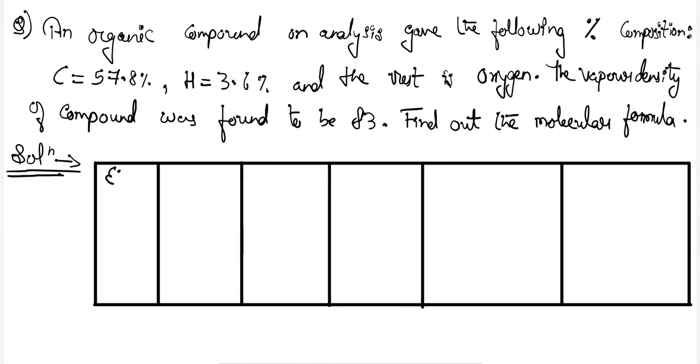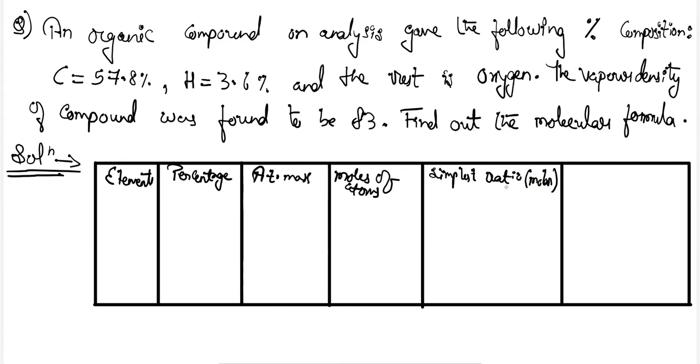For elements, first is for elements, second is for percentage, third is for atomic mass, then moles of atoms, simplest molar ratio, or mole ratio, you can call it also.